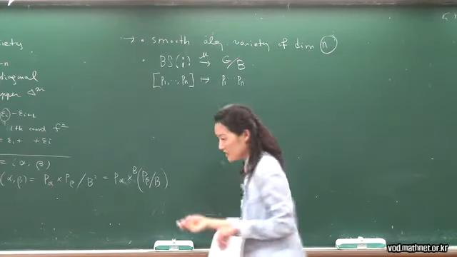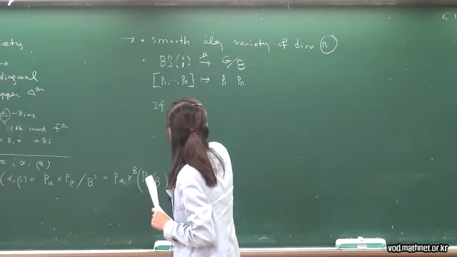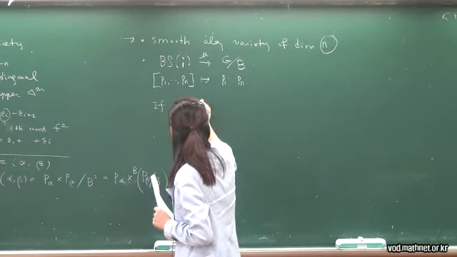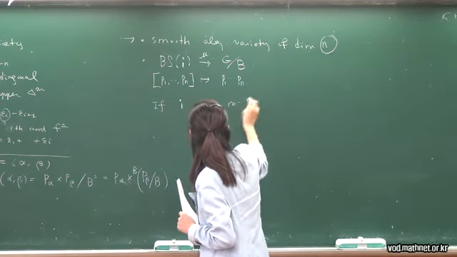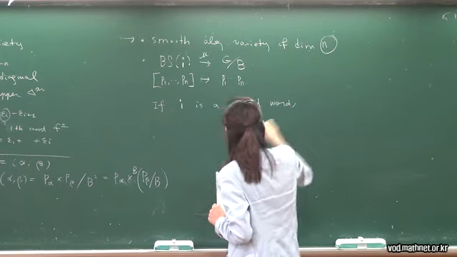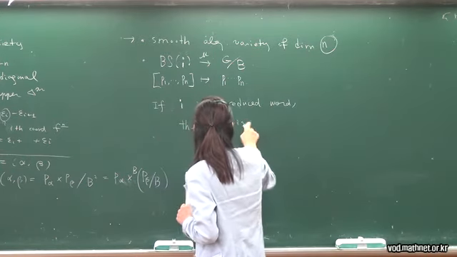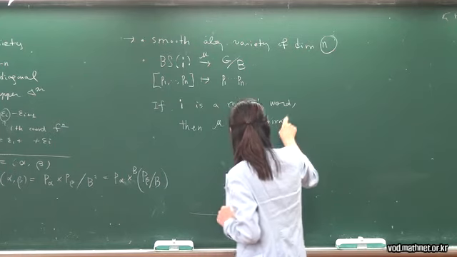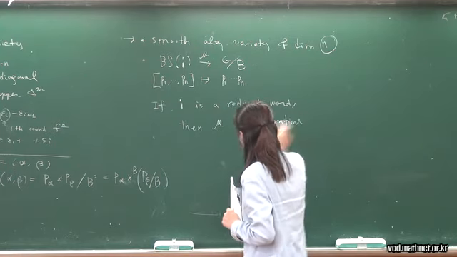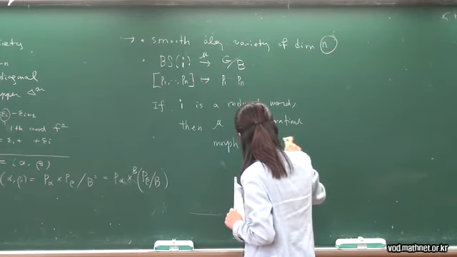This is a well-defined morphism, and if this I is a reduced word, then this mu is a birational morphism to the Schubert variety.